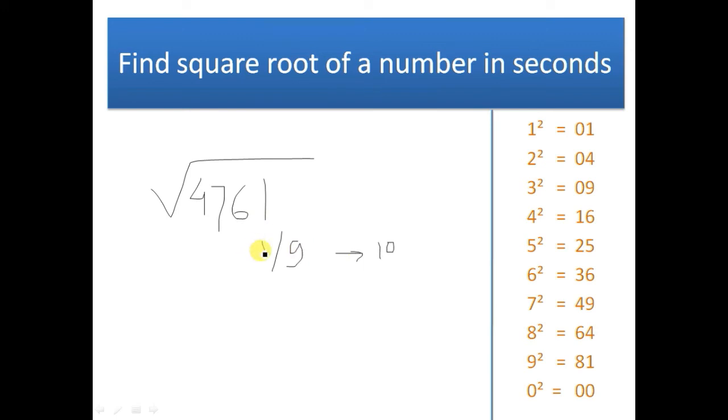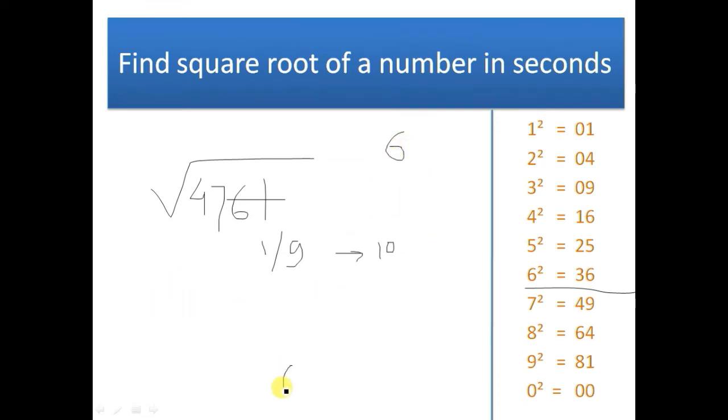We are going to select which one is correct, but before that, strike off the units and tens place digits. So we have 47, and the nearest perfect square to 47 and smaller than that is 36. 36 has square root 6, so that makes the first part of our answer 6.